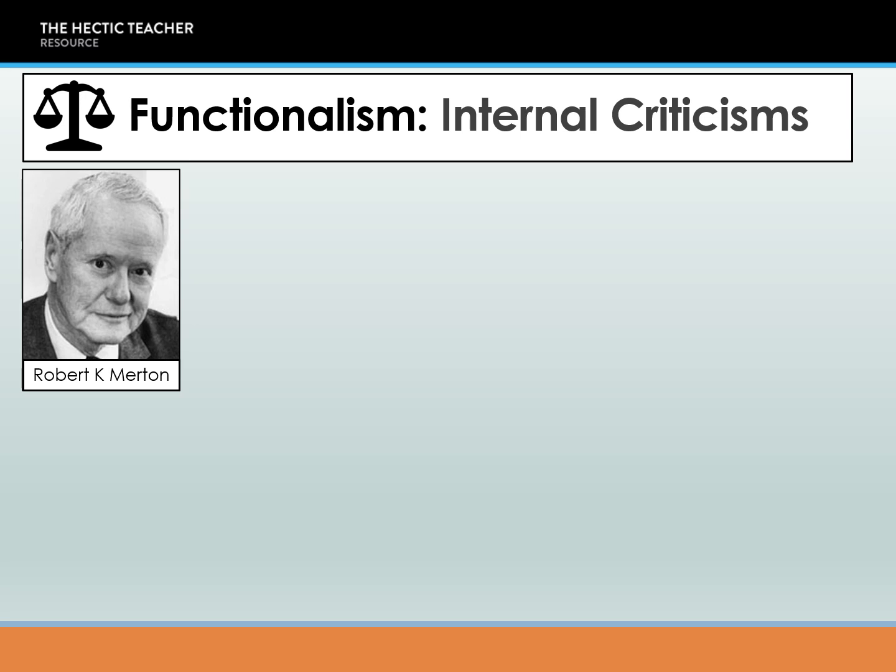But Robert K. Merton was an internal critic of functionalism. What that means is he agreed in general with the functionalist idea. He agrees with the idea of social facts and the top-down approach, and that society is in consensus. But he said, particularly of Parsons' organic analogy, that there were problems.